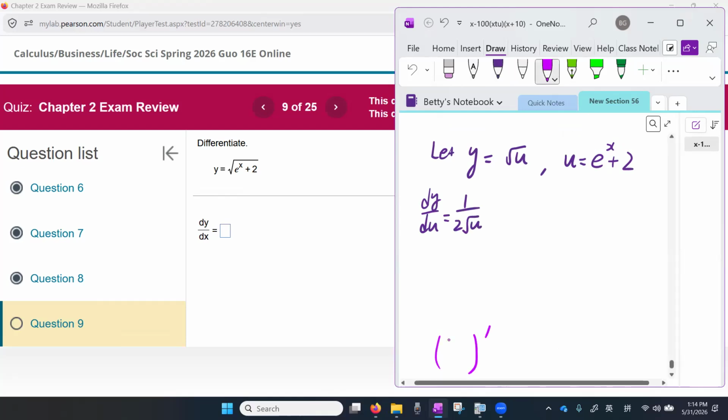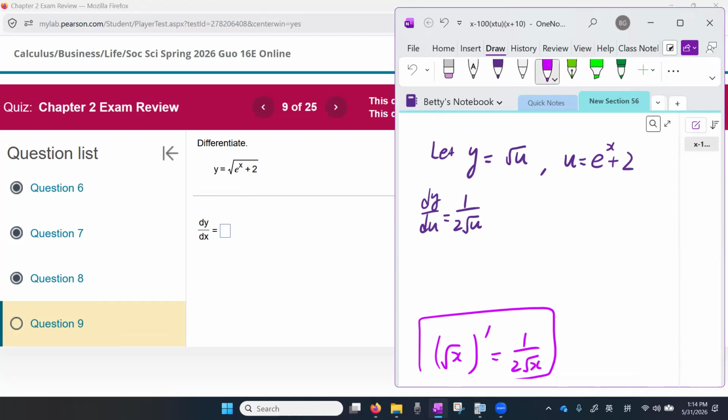You should remember this formula because it is so commonly used. You should memorize that the derivative of root x is 1 over 2 root x. So with that formula known, you would know dy du is 1 over 2 root u right away.